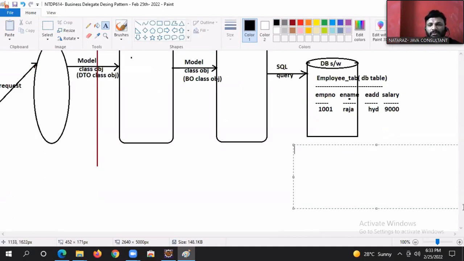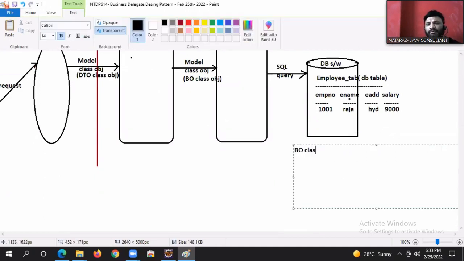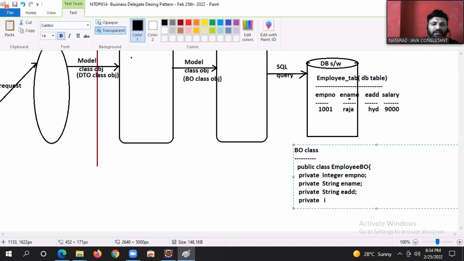Tell me, guys, how does the BO class look? Public class EmployeeBO, a model class. Private integer employee number, which we don't generate manually. Next, private string employee name, private string employee address, private integer salary, let us assume.